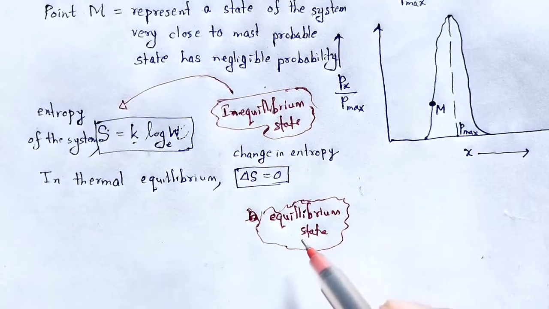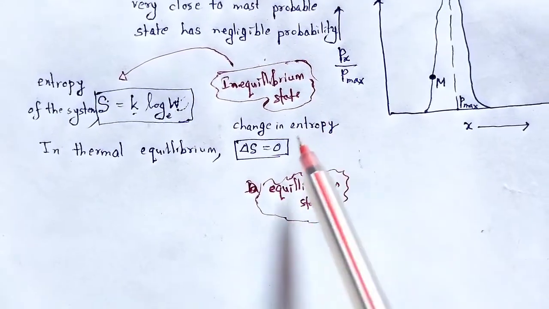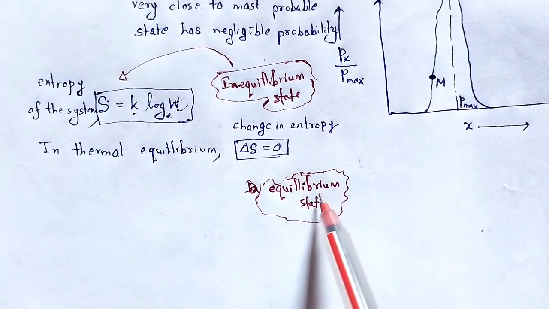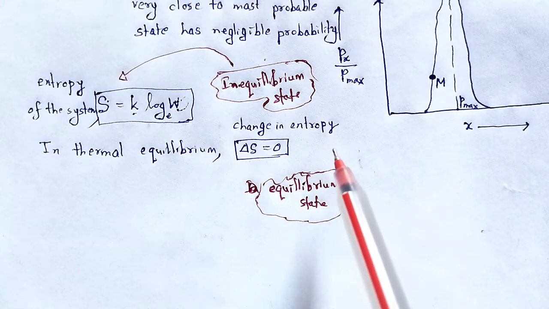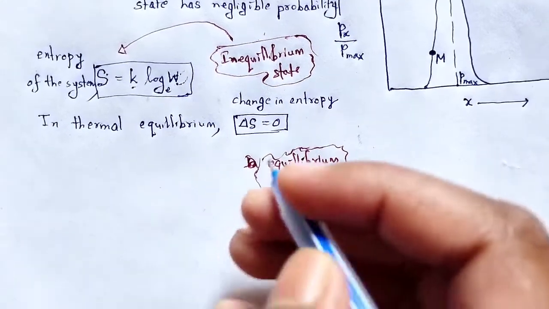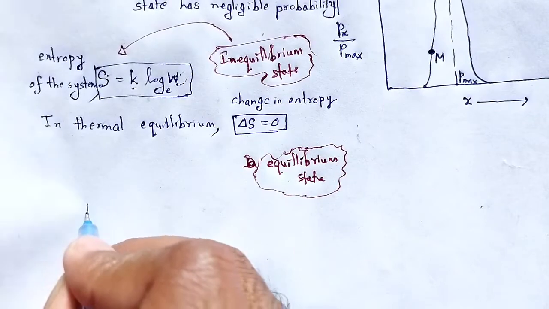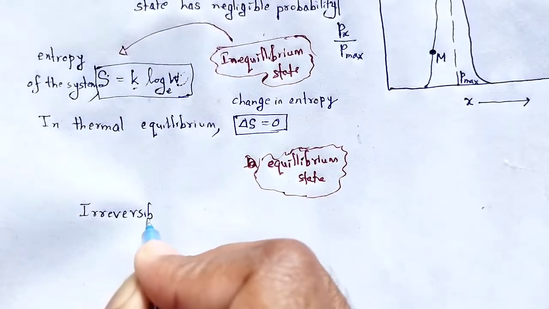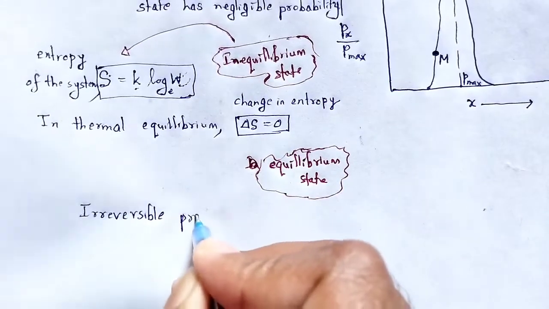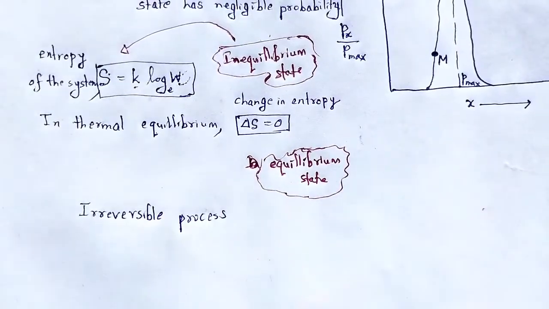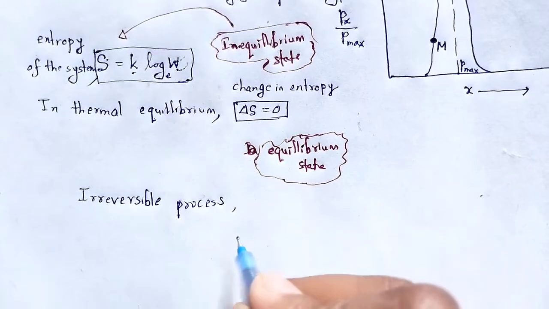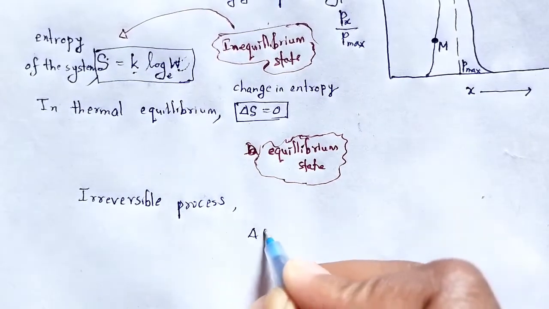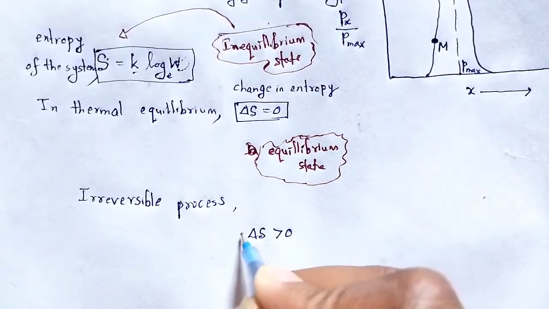So, in equilibrium state, what happened? The process does not change back to inequilibrium state, which is the form of irreversible process, and in case of an irreversible process, the change in entropy, del S, is always greater than 0.